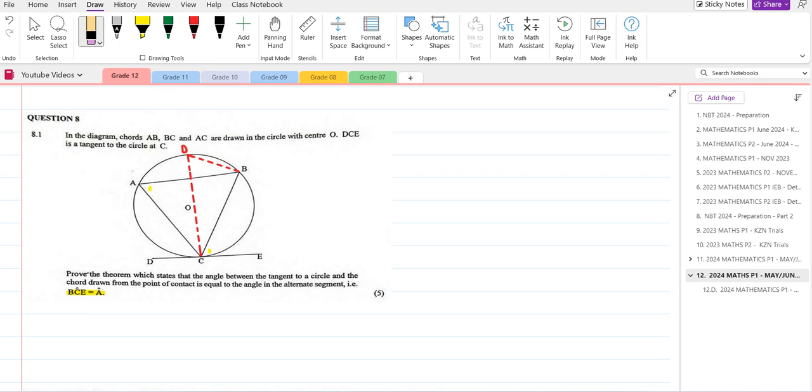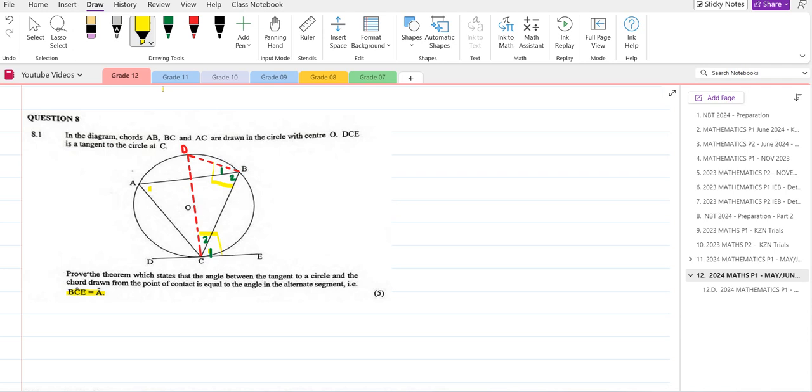Let's call the angles C1, C2, B1, B2, and that's just angle A. This is 90 degrees because tangent is perpendicular to the radius or diameter, and this is angles in a semicircle.